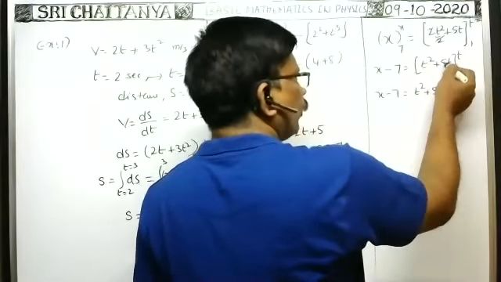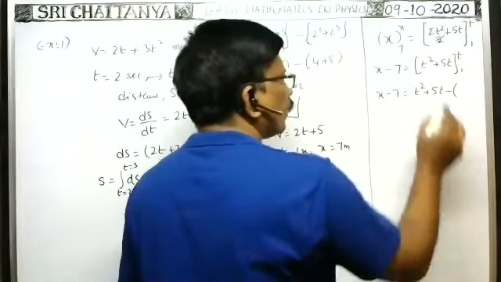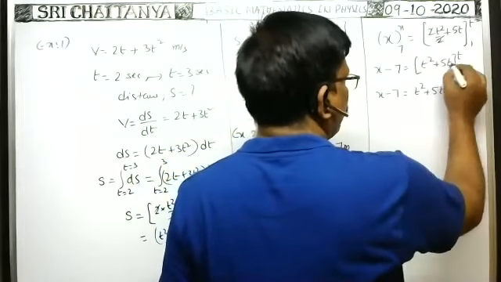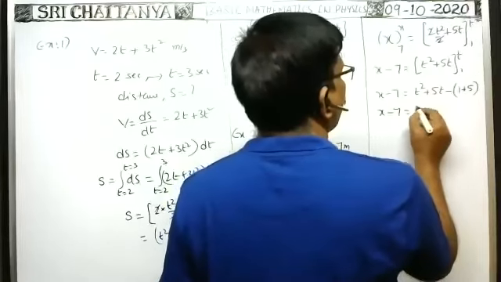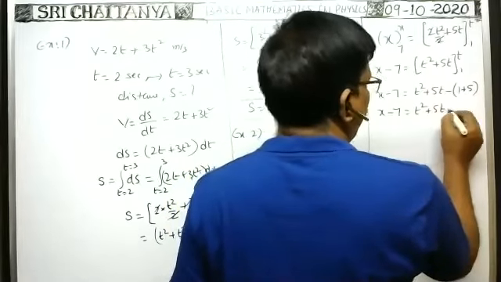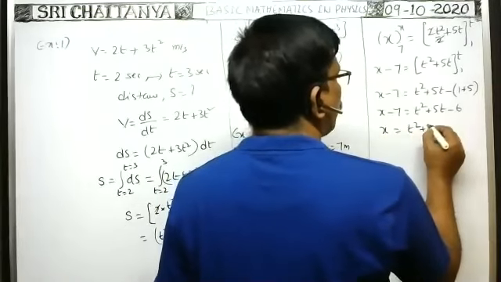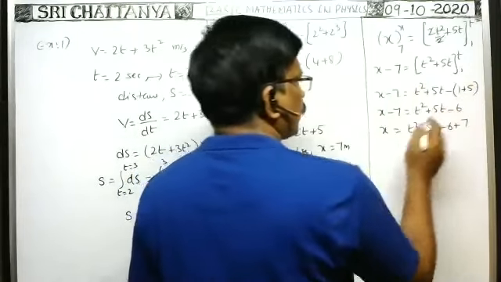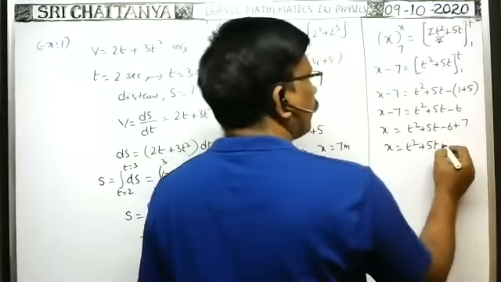Before substituting the lower limit you put minus, 1 square means 1, plus 5 into 1, 5. So x minus 7 is equal to t square plus 5t minus 6. You bring this minus 7 to the right, then plus 7. So x is equal to t square plus 5t plus 1 you will get.